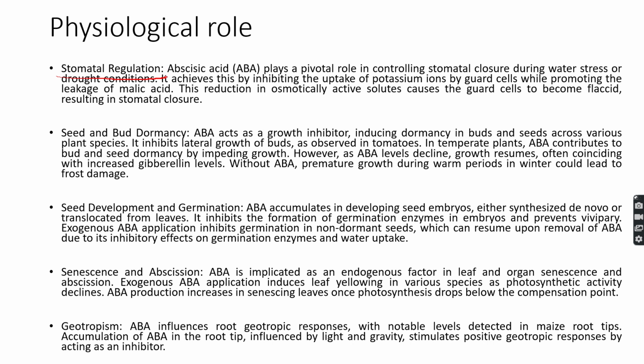ABA plays a pivotal role in controlling stomatal closure during water stress or drought conditions. It achieves this by inhibiting the uptake of potassium ions by guard cells while promoting the leakage of malic acid. This reduction in osmotically active solutes causes guard cells to become flaccid, resulting in stomatal closure.